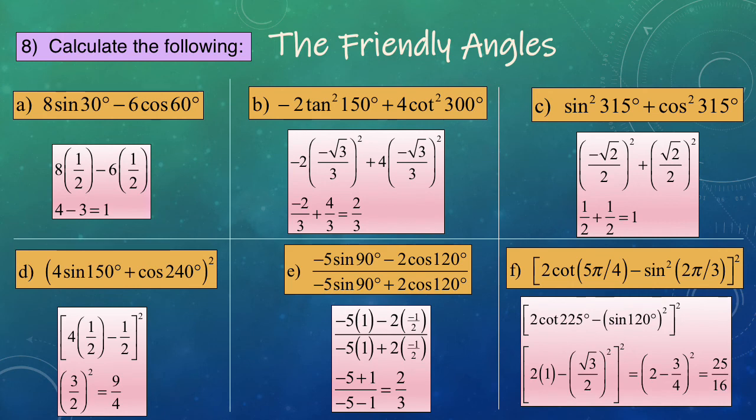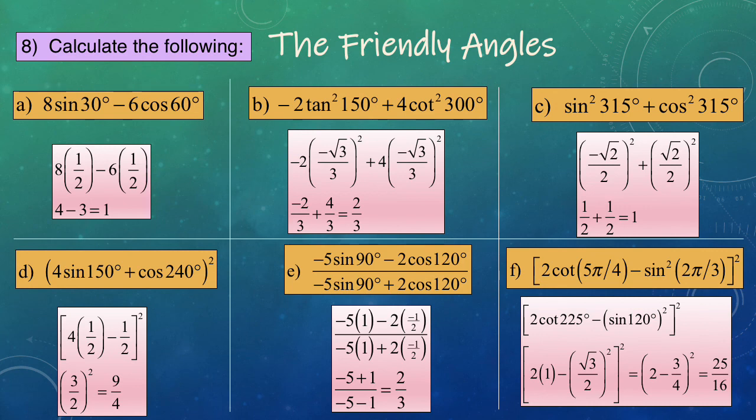F reads, the quantity 2 cotangent 5 pi over 4 minus sine squared of 2 pi over 3, quantity squared. We generally think better in degrees than in radians. So we convert and get 2 cotangent of 225 degrees minus sine squared of 120 degrees, quantity squared.